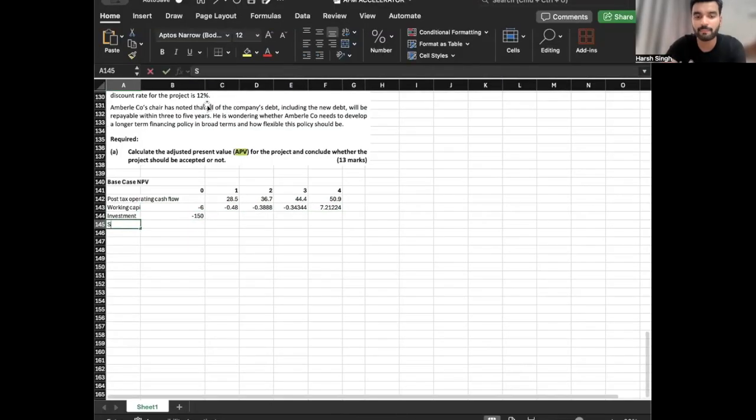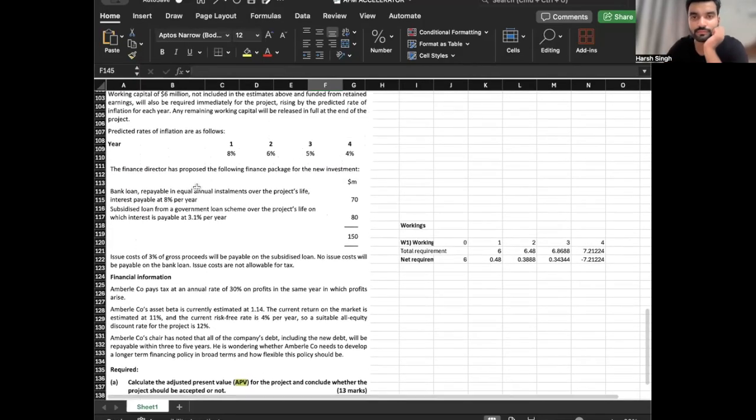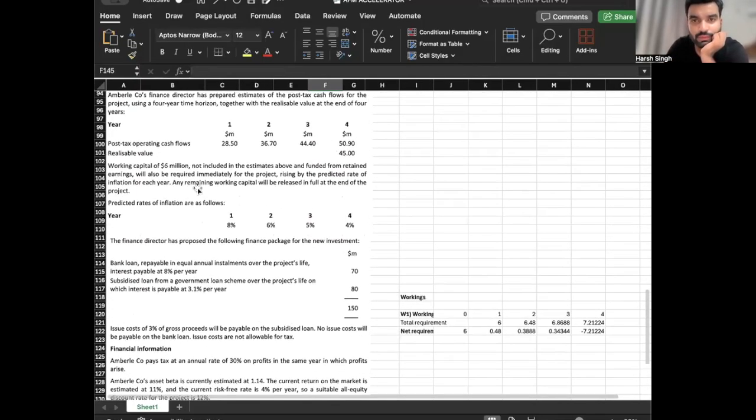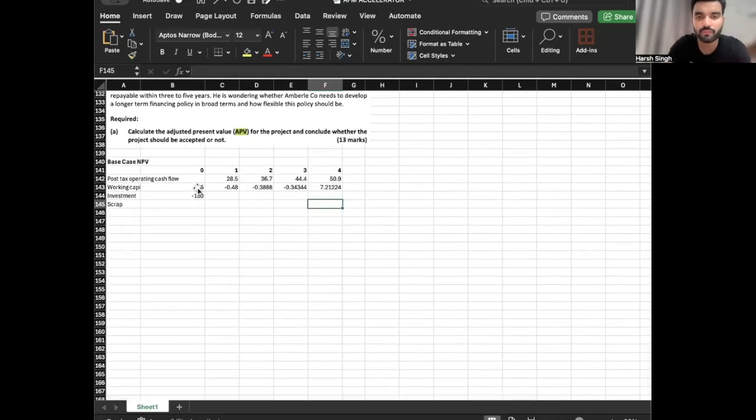And then scrap is how much, everyone? 45. Okay, so these are the final values that we have.